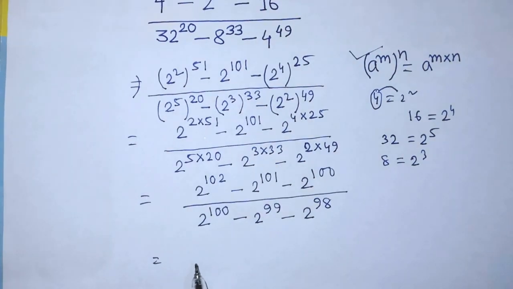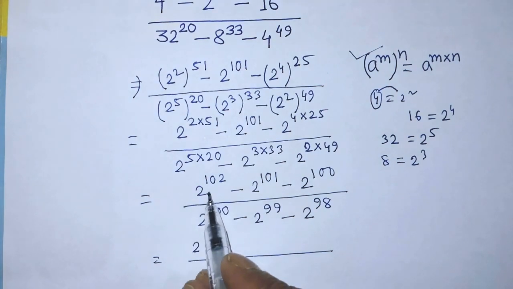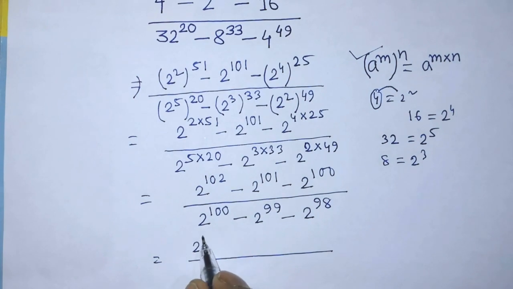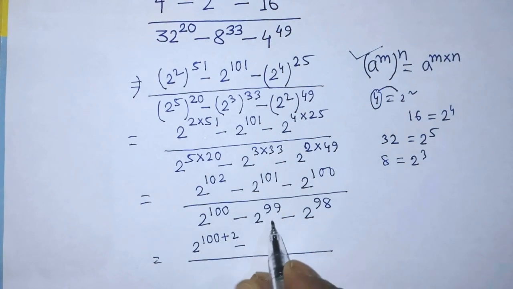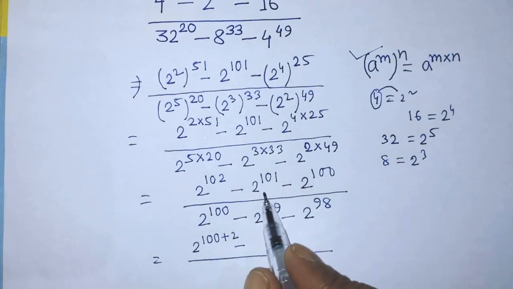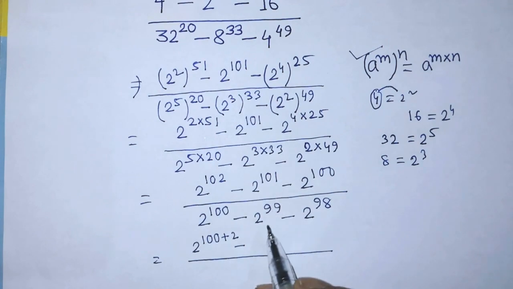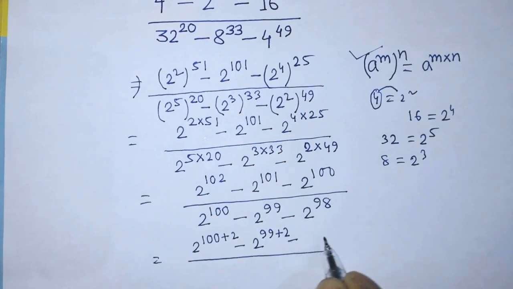After that, in the place of the numerator, in the place of 2 to the power 102 we can write 2 to the power 100 plus 2, minus, in the place of 2 to the power 101 we can write 2 to the power 99 plus 2, minus, in the place of the third term, 2 to the power 98 plus 2.